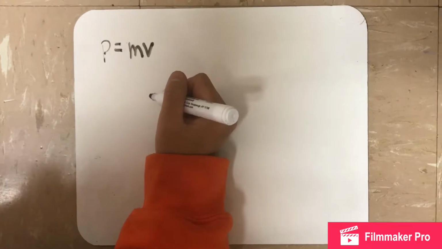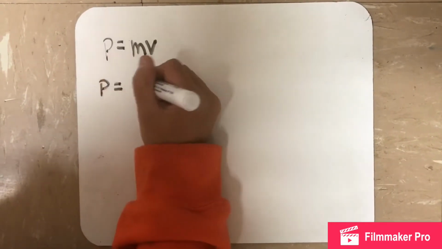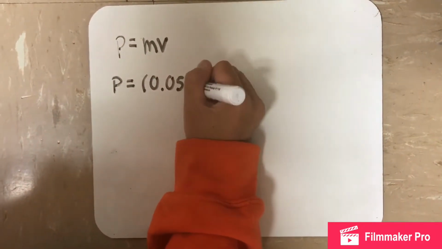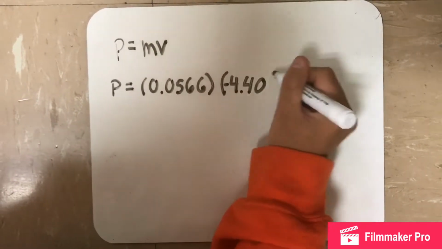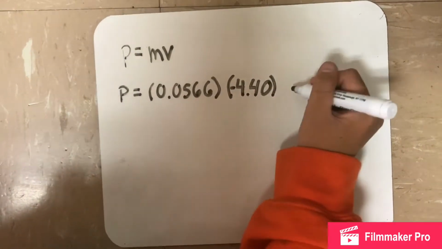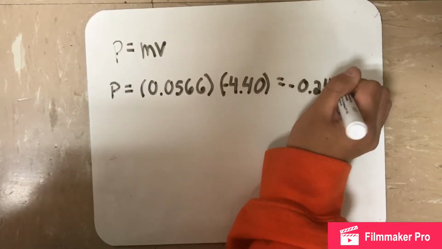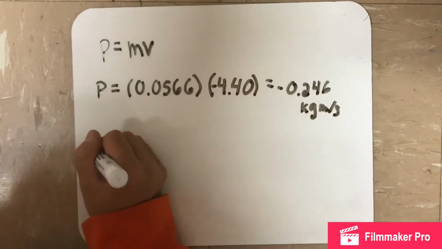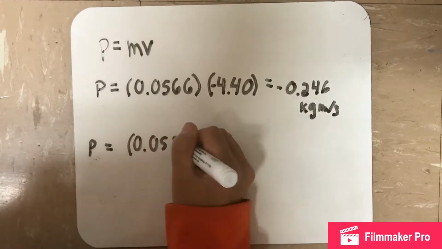So when the ball is going down, that momentum would be using the mass times the velocity. This is negative, and so this turns out to be negative 0.246 kg·m/s. The velocity as it goes back up, use the mass again.